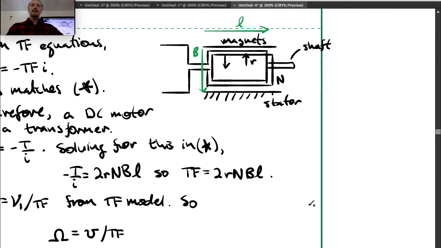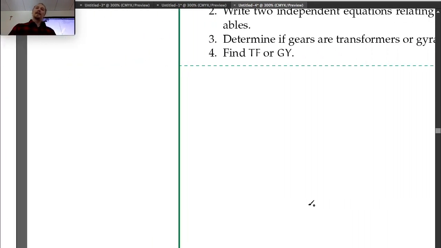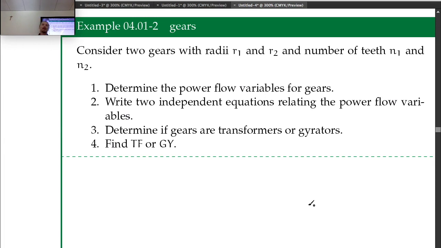Okay, cool. So this is the DC motor. We're going to come back and do another pass on the DC motor after Thanksgiving. But let's consider another type of transducer before we finish up today, and that's gears.